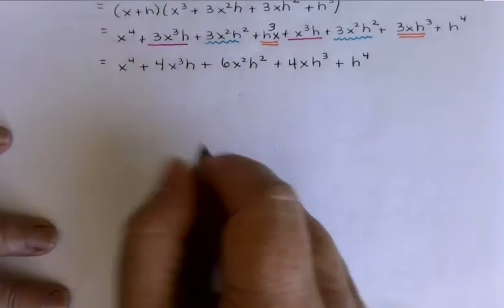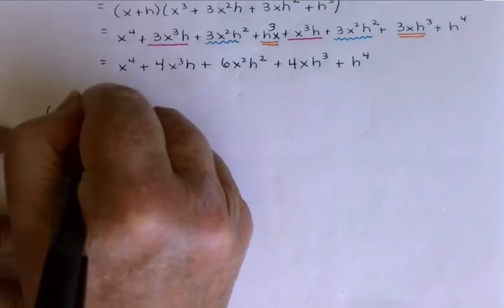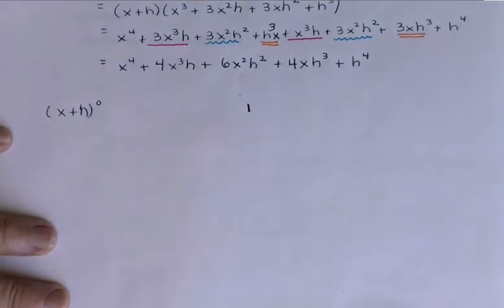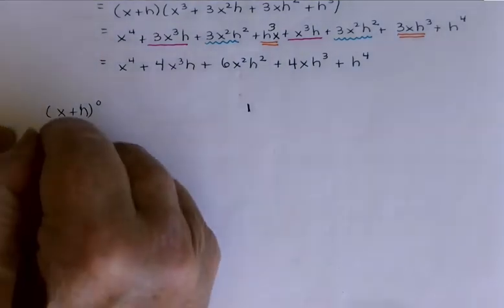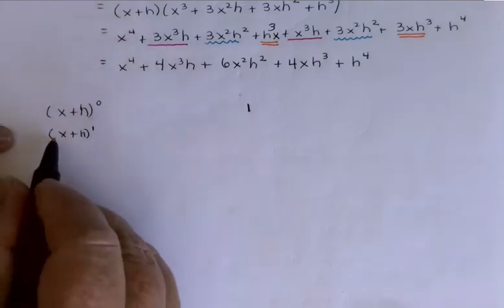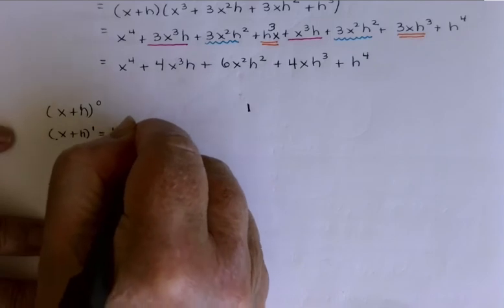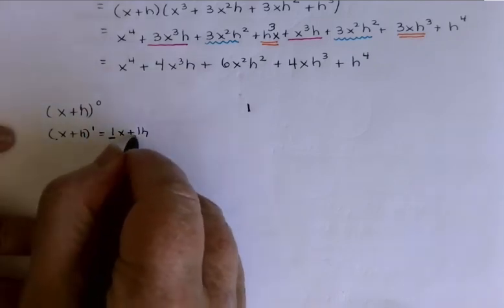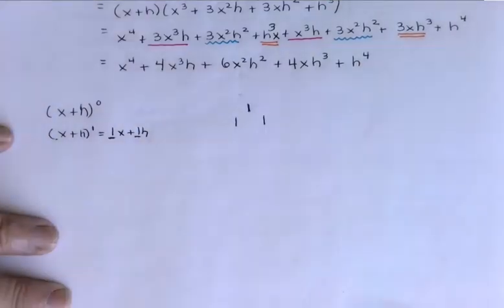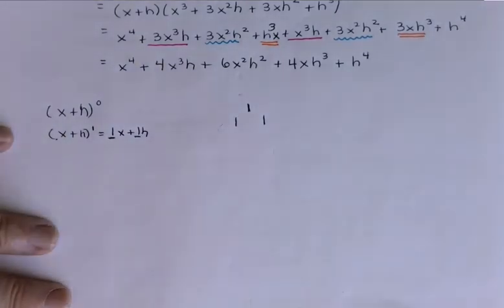This is what it looks like. X plus h to the 0 power, of course, would just be 1. Right? And x plus h to the 1st power is just 1x plus 1h. So I'm going to put the coefficients, 1 and 1, in what I'm starting to build as a triangle.